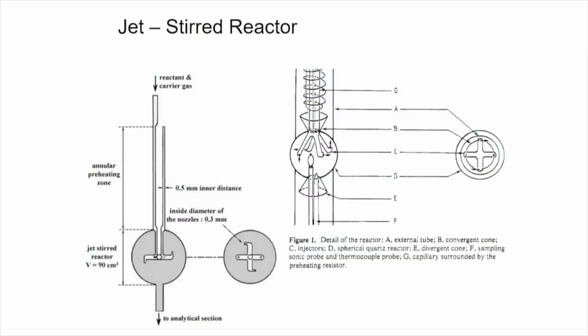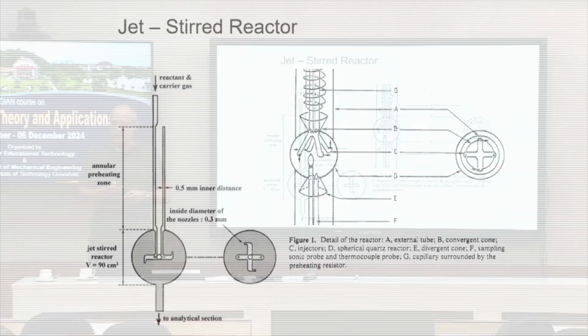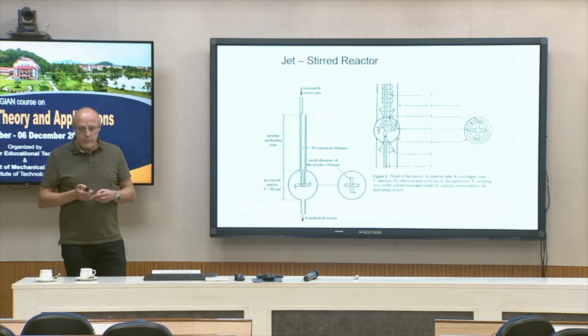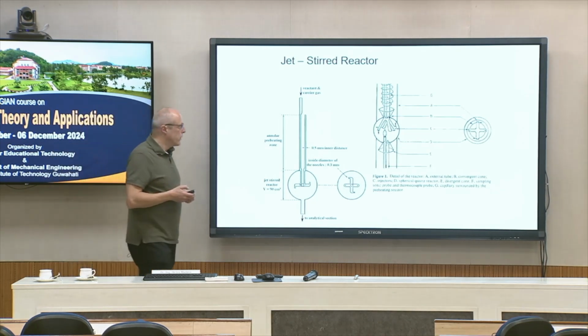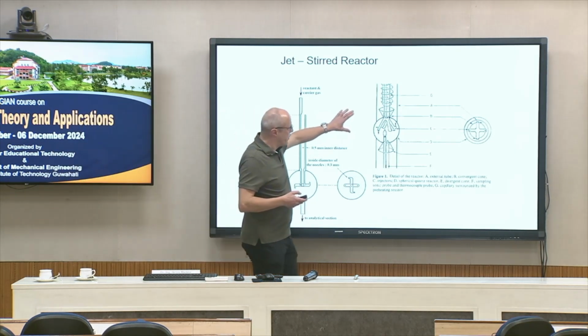The idea is to create a flow field which gives you a really perfect homogeneous mixture. And this is possible in a given range, of course. So this is quite a nice setup.